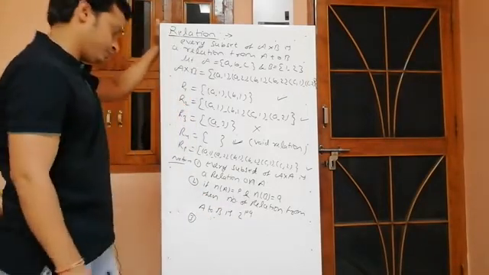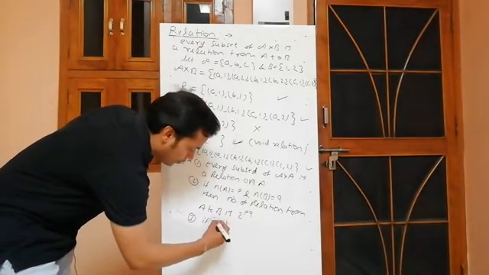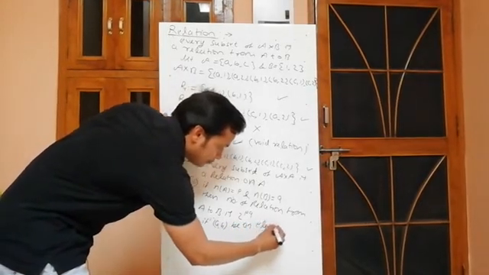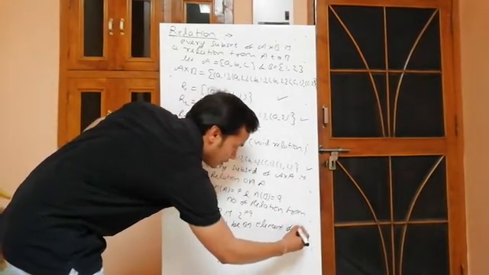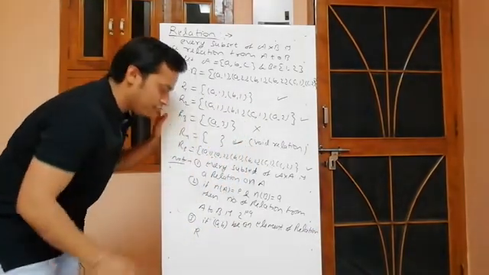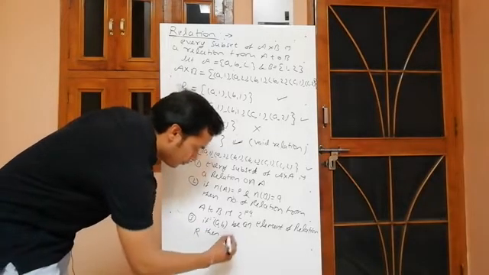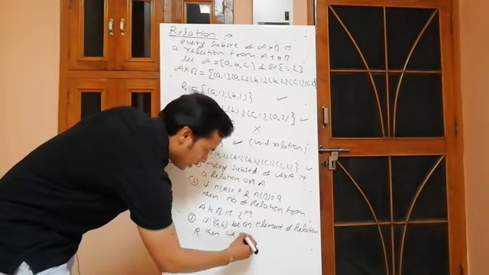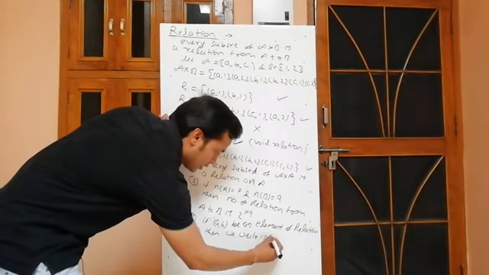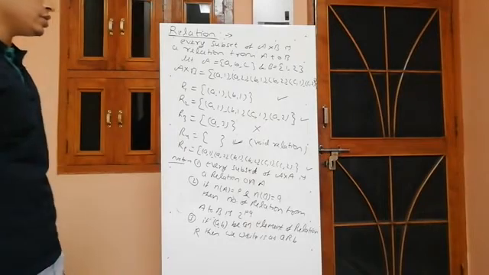Third point: if (a,b) is an element of relation R, then we write it as a is related to b.